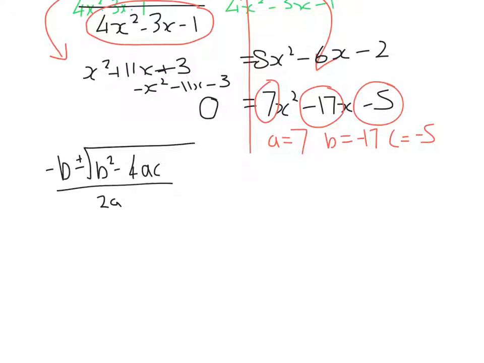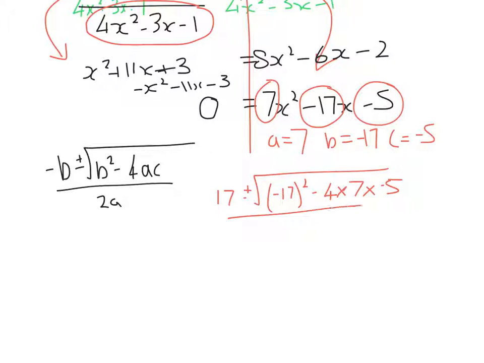And let's just plug them in. So I've got minus 17, so that's just 17, plus or minus the square root of minus 17 squared minus 4 times 7 times minus 5, all over 2 times 7. Now I'm going to get my calculator and plug that in all at the same time, using my fraction button.